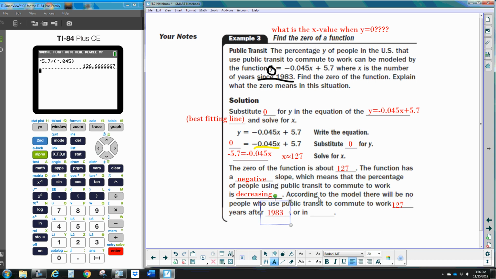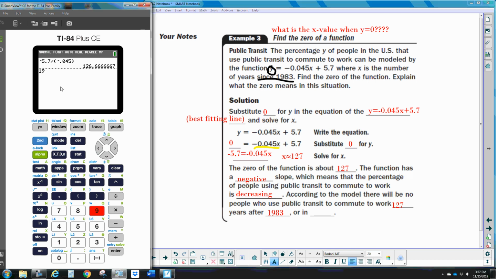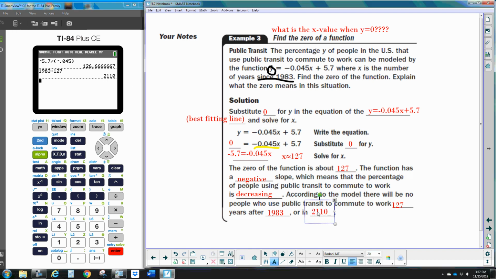So what year is 127 years after 1983? 1983 plus 127 is 2110. So in the year 2110, nobody is going to be using public transit to commute to work.